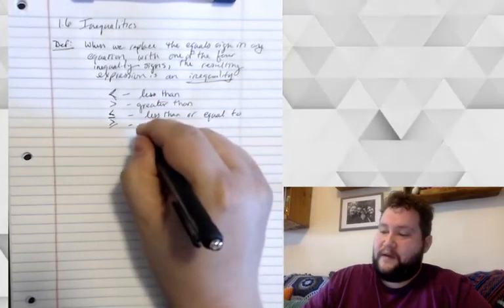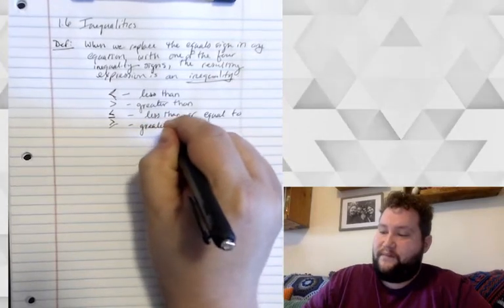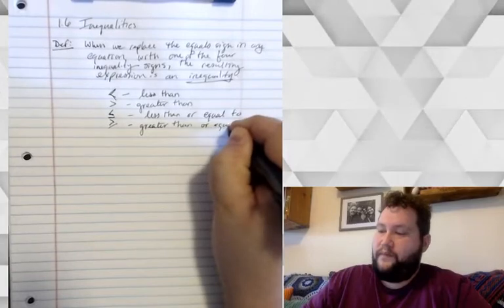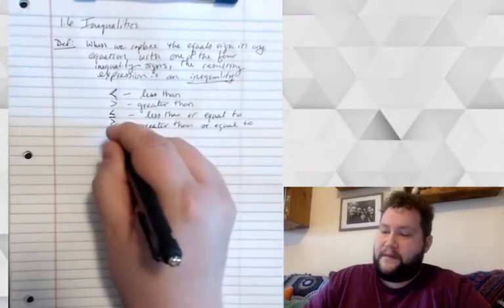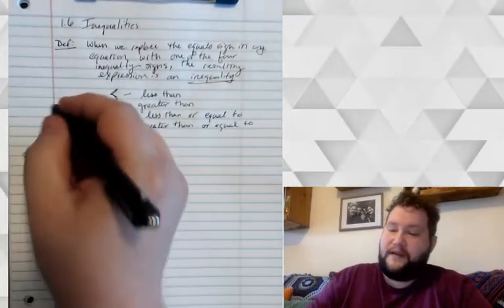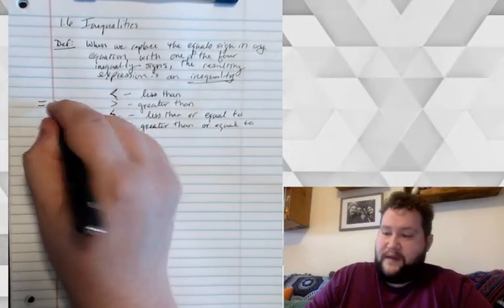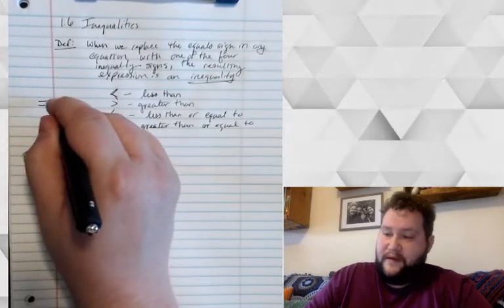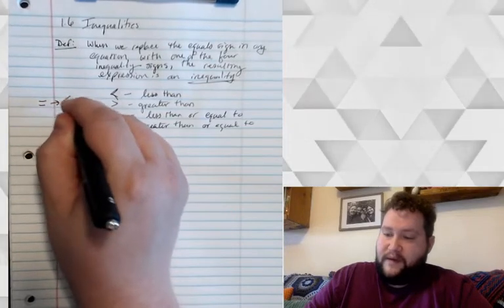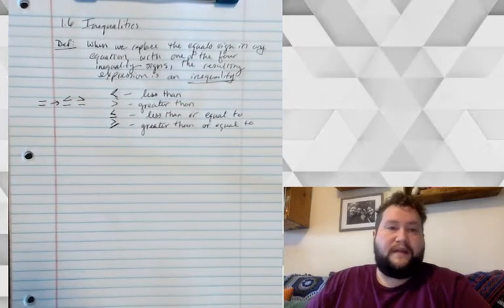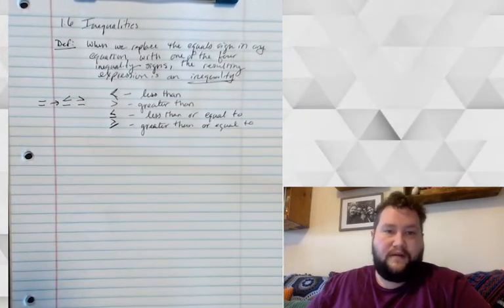And then our last one is greater than or equal to. Again, because we have our equal sign, right? So you can think of, we have an equal sign, and then we either switch that top one to one of these, or we switch that top one to one of these. Those are my less than or greater than or equal to's.